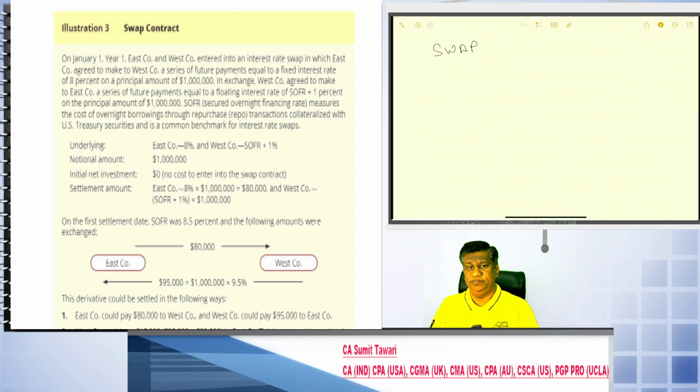Swap contract. In a swap, the first condition is that there should be a series of payments. For example, if we took a loan, then there is an EMI, and we need to pay the EMI on a monthly basis or yearly basis.